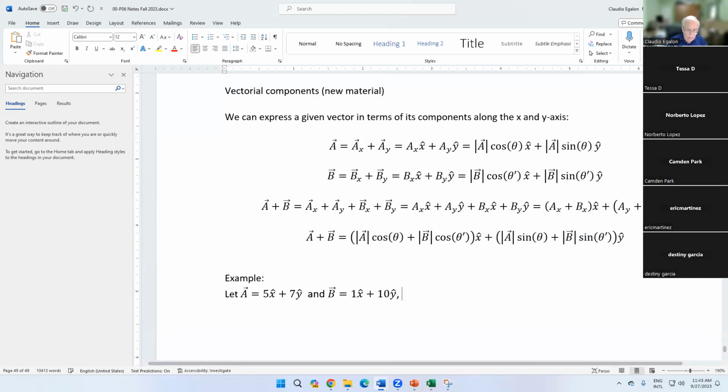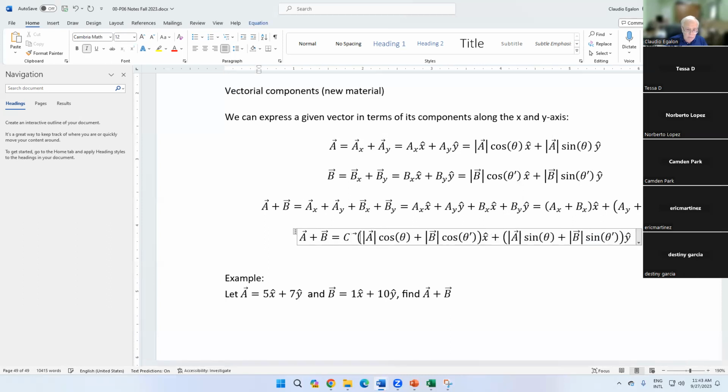Find A plus B. And by the way, let's say A plus B is equal to a third vector C.